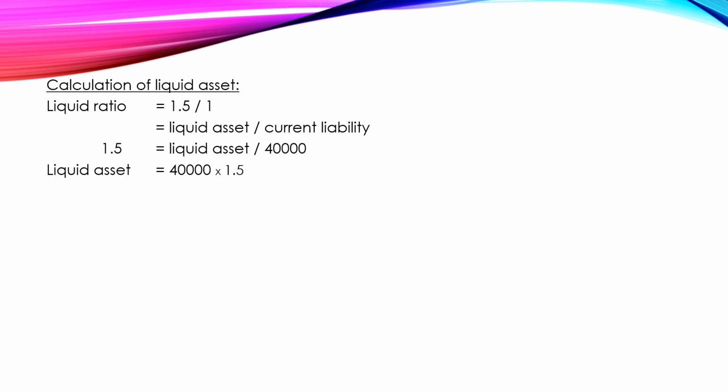Liquid asset is equal to 40,000 into 1.5. Here we applied cross multiplication. Therefore, liquid asset is equal to 60,000.